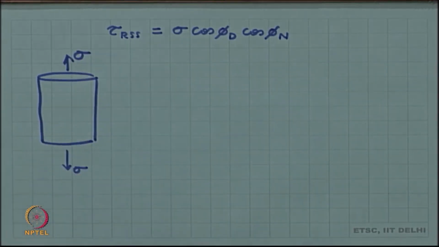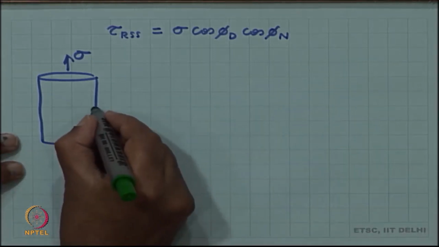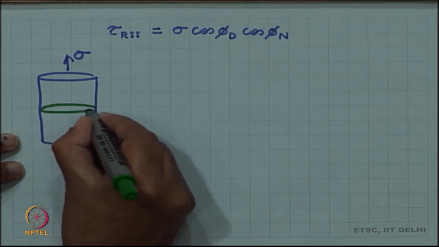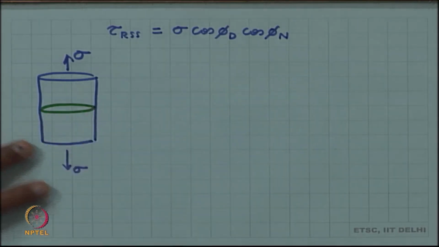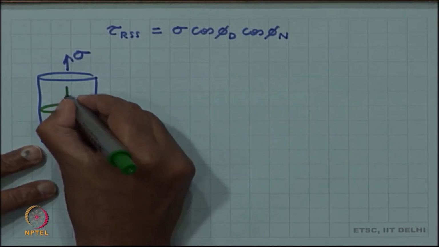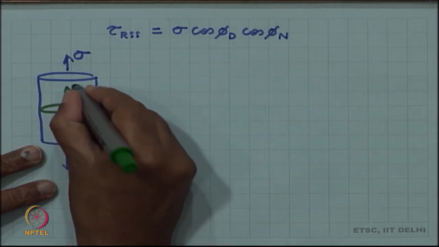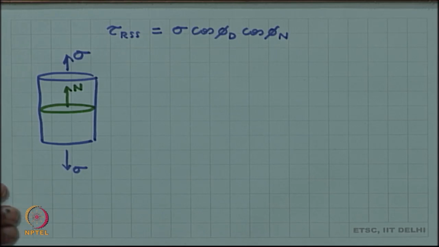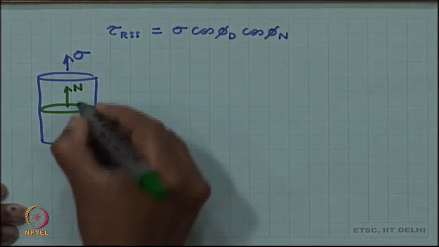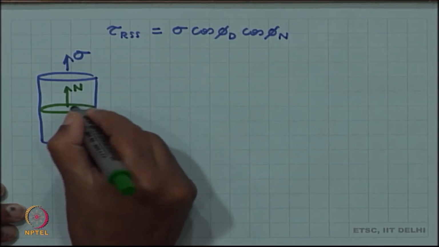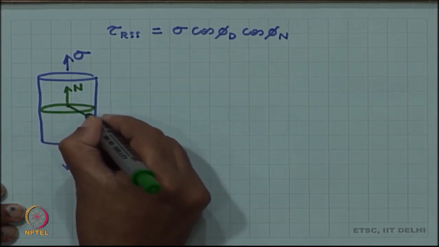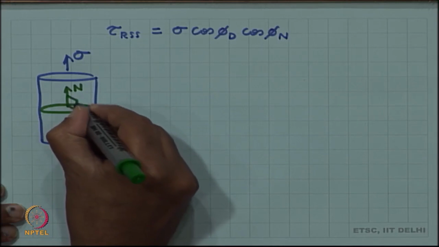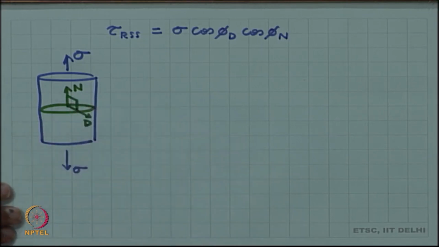Now, consider a plane which is normal to the stress axis. For this, the slip plane normal is along the stress axis, which means any slip direction which you take will always make an angle of 90 degrees with the stress axis.